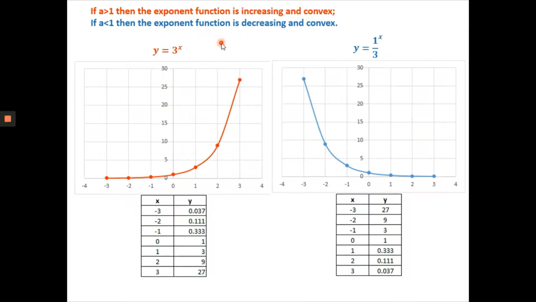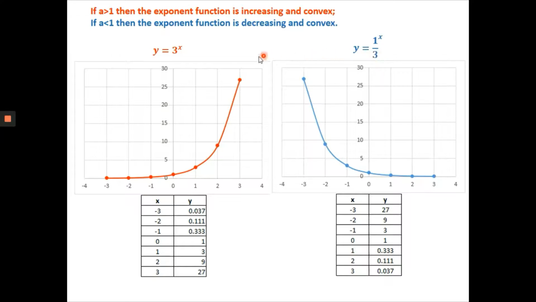Here we have two exponential functions illustrated, and the only difference between these two functions is the value of the base. So here, the value of the base is 3, so it's greater than 1. And here, the value of the base is 1/3, so it's less than 1, but obviously greater than 0.